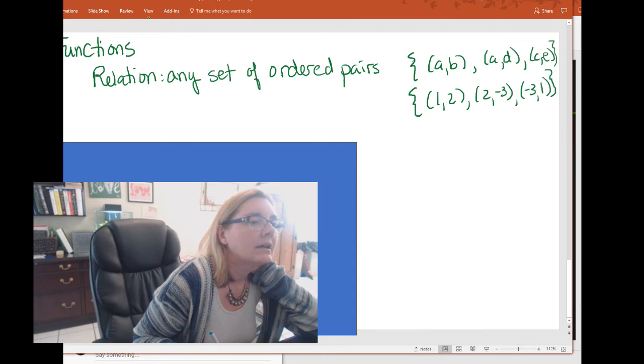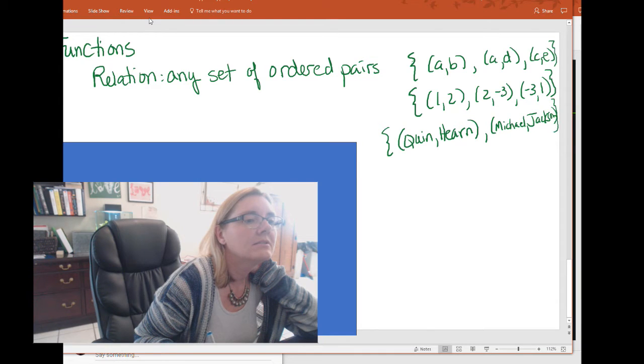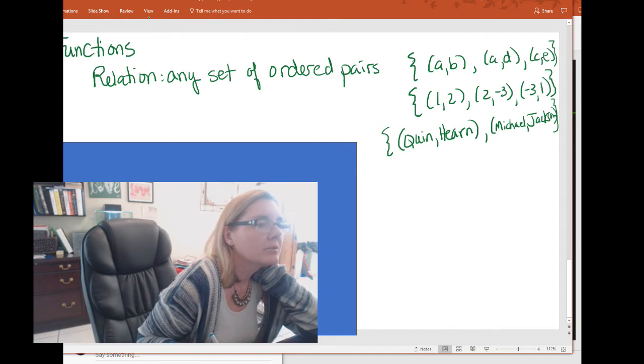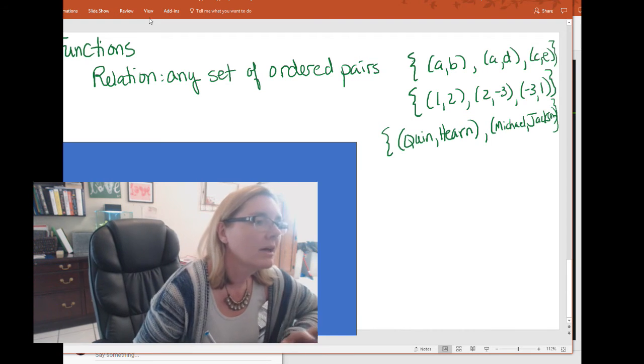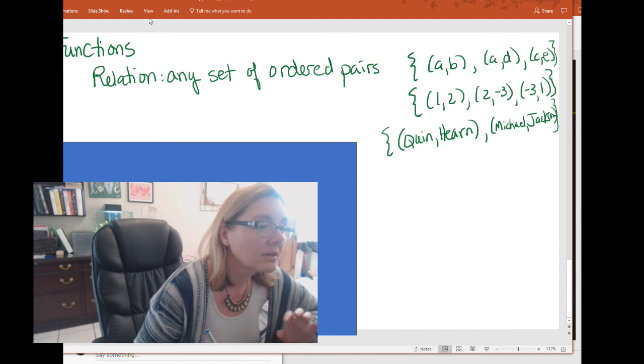It could be a set of names. I could say my first name is Quinn and match it up with my last name, Hearn, and Michael and Jackson. Okay, so it doesn't really matter what we're matching up. Only thing that matters is that they're in a particular order.